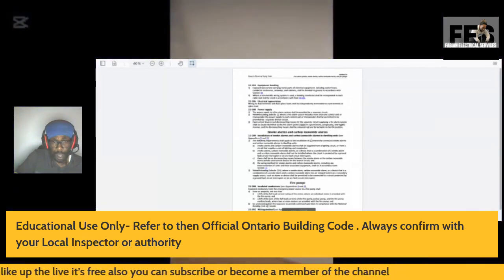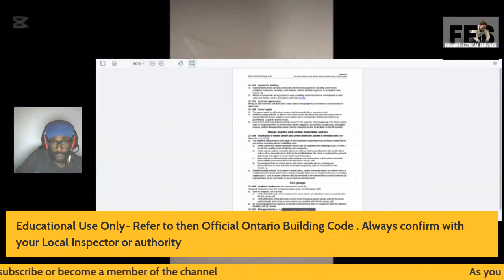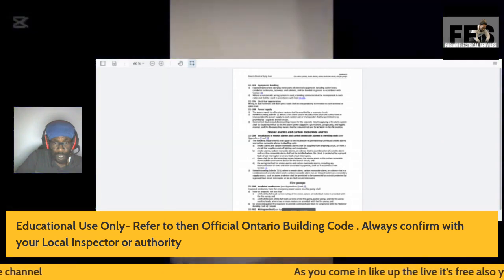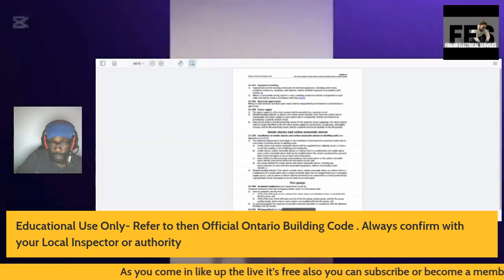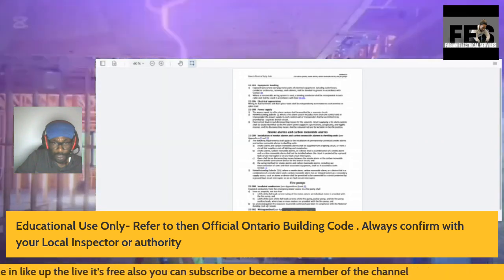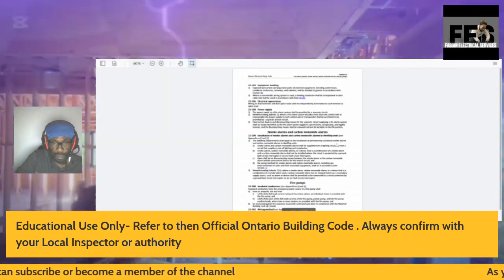Installation of smoke alarms and carbon monoxide alarms in dwelling units. The following requirements shall apply to the installation of permanently connected lighting circuits.